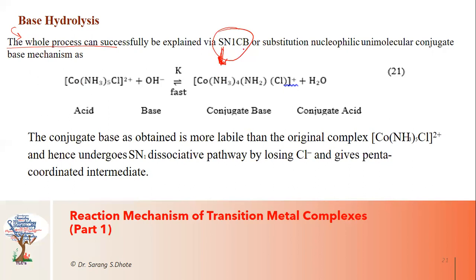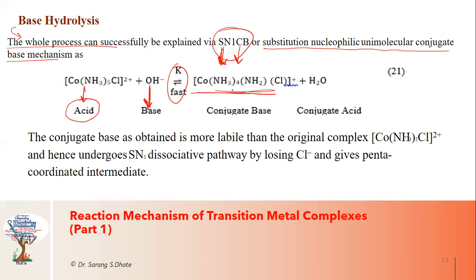Nucleophilic substitution reaction takes place with the conjugate base. इसको बोला जाता है substitution nucleophilic unimolecular conjugate base mechanism. आपका जो कॉम्प्लेक्स होता है वो एसिड होता है और जो अटैक करने वाला न्यू ग्रुप होता है it is a base. जब ये दोनों रिएक्ट होते हैं यहाँ पर देखो आपको किस टाइप का कॉम्प्लेक्स है.